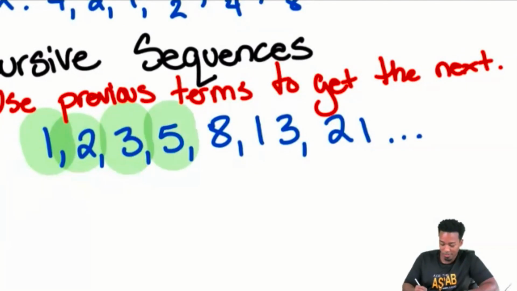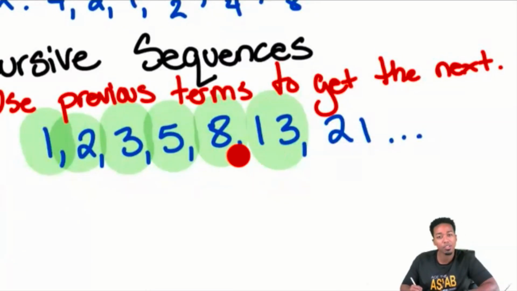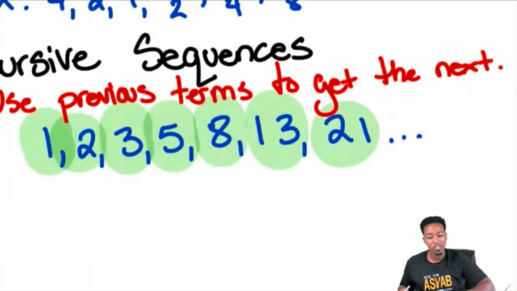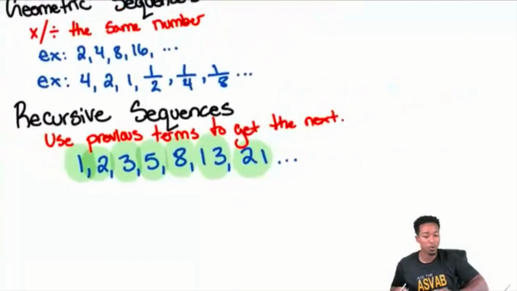Oh, 5. What's 3 plus 5? Oh, 8. What's 5 plus 8? Oh, 13. Hey, everybody, what's 8 plus 13? 21. So this is a recursive sequence.